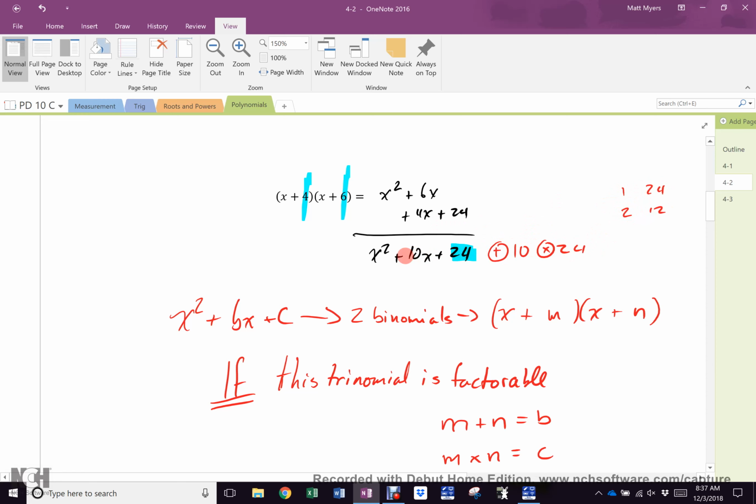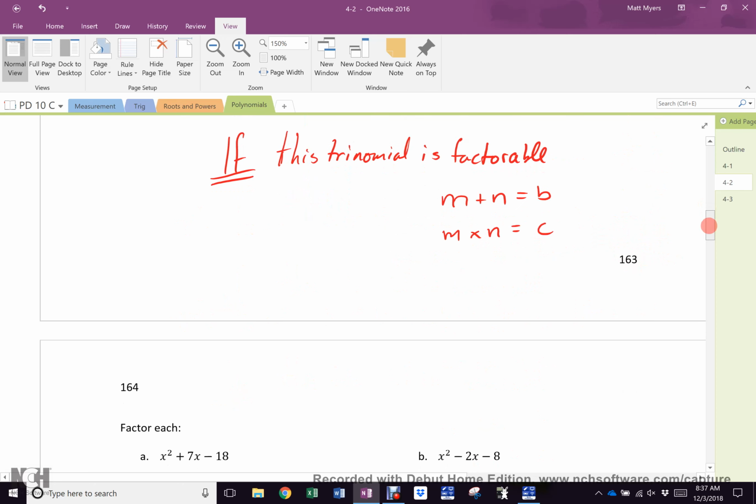Can't have negatives because everything down here is positive, right? 3 and 8 won't get me to 10. It gets me to 11 or 5. 4 and 6, that will get me to 10. So that's my pair. And they both have to be positive because both of these are positive. Is everybody good? Okay.